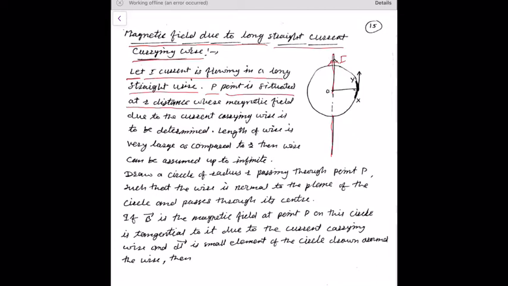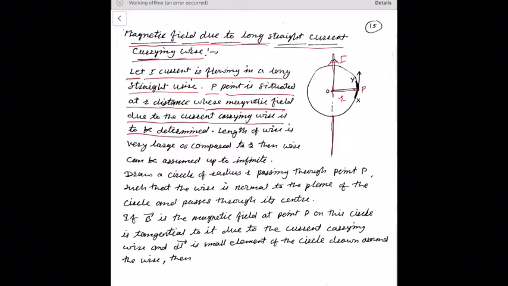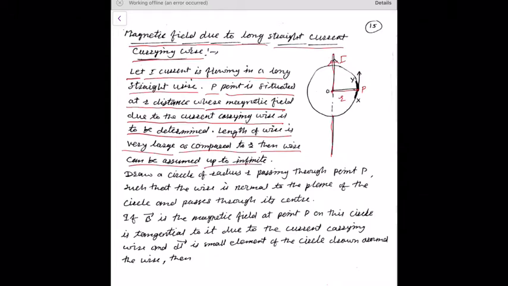Point P is situated at distance R, where the magnetic field due to the current carrying wire is to be determined. The length of the wire is very large compared to R, so the wire can be assumed to be infinite.